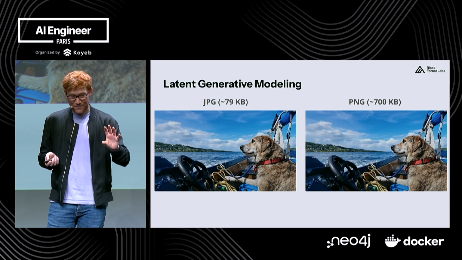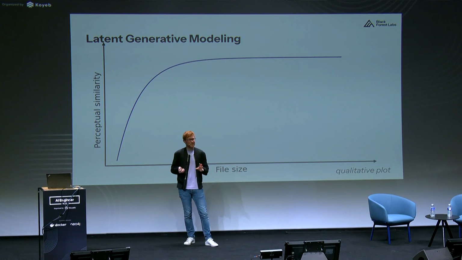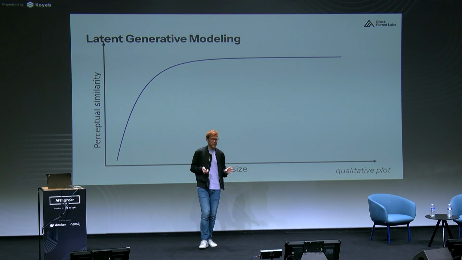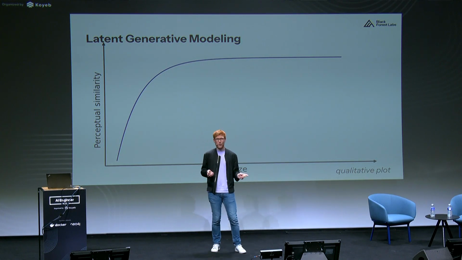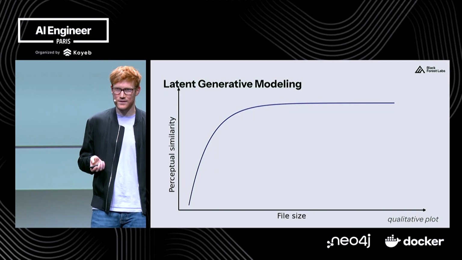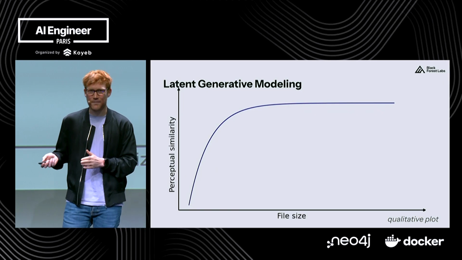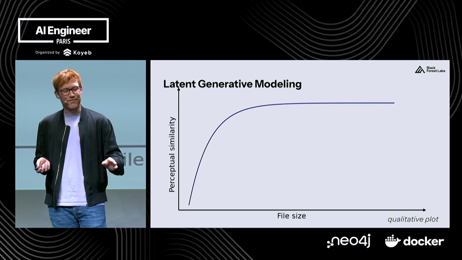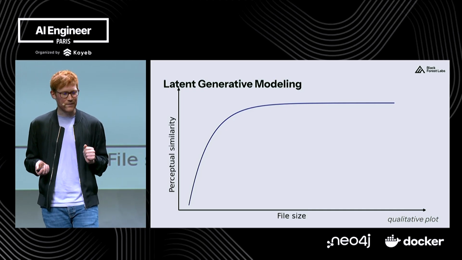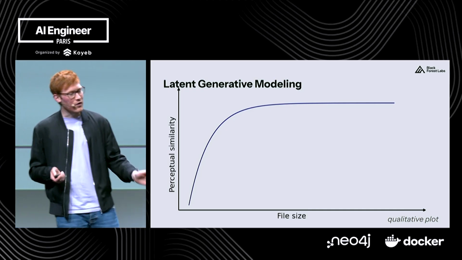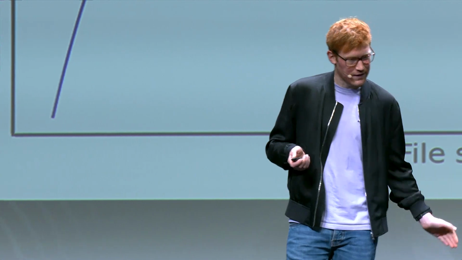We can even visualize it a bit differently if we plot the perceptual similarity of an approximation of an image, in this example the JPEG, and the original image, in this example the PNG, against the file size. We get a plot that looks conceptually quite like this. On the left side, the perceptual similarity quickly increases with file size, but then stays very, very constant.